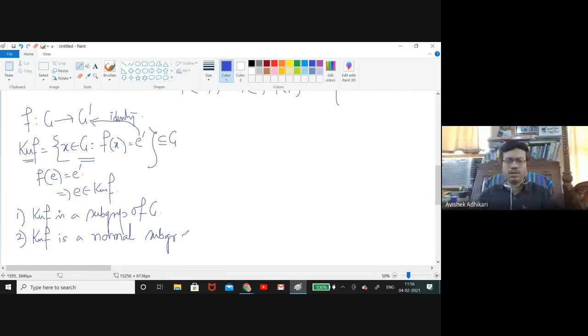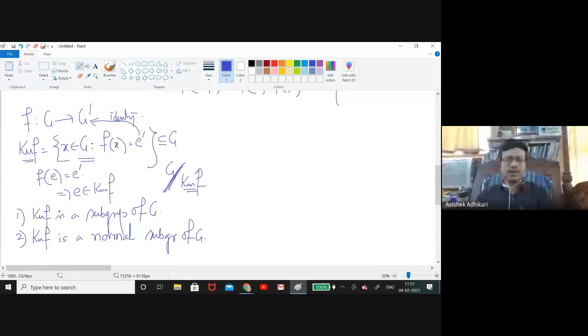So that's why you can form G quotient kernel of F, because this is a normal subgroup. This is very important, and you might have heard about the first isomorphism theorem, and there you might have seen this concept G quotient ker F.